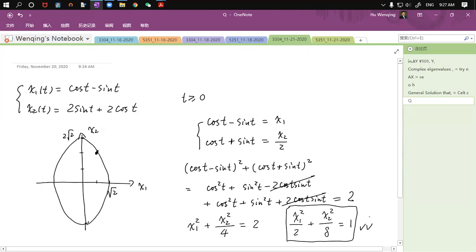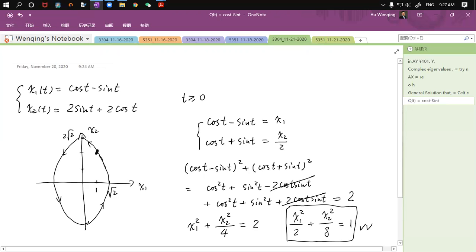But how is this ellipse going to rotate? Is it going to rotate in this direction, or in this direction? It's not clear. But you can see that when t grows from 0, x1 initially starts from 1 and then becomes less than 1, because the sine is positive. So you cannot rotate in the clockwise direction. You must rotate in the counterclockwise direction.